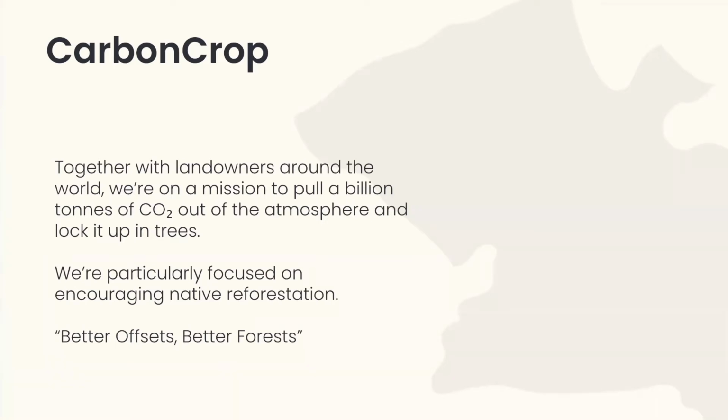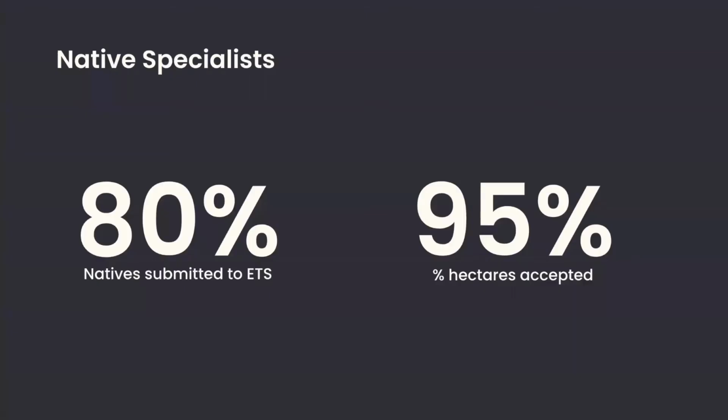We're particularly focused on encouraging native reforestation, and to quickly summarize what we stand for, it is better offsets and better forests. It means that we consider ourselves native specialists. Out of everything that we have submitted to the ETS, well above 80% is native trees.